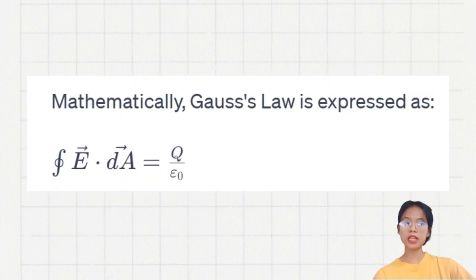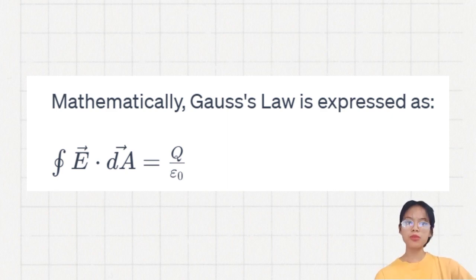Mathematically, this law is expressed as the equation you can now see on your screen. The electric flux through a closed surface is the electric field integrated over the surface area, and it equals the total charge enclosed by the surface over epsilon naught, or the permittivity of free space, a constant in the equations of electromagnetism.